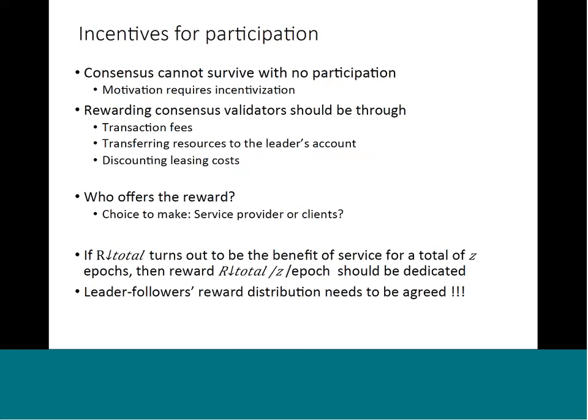So we had gone back and forth on how we would define this incentive. One of the ideas was, if you are going to use a cloud service provider, the cost of leasing resources could be managed or could be a reward. There are a lot of different models that we could come up with.